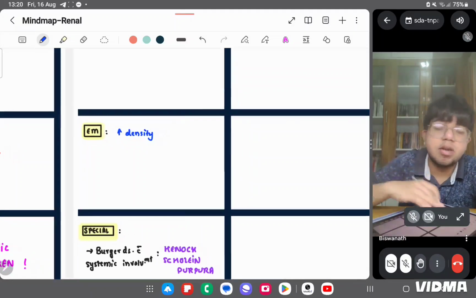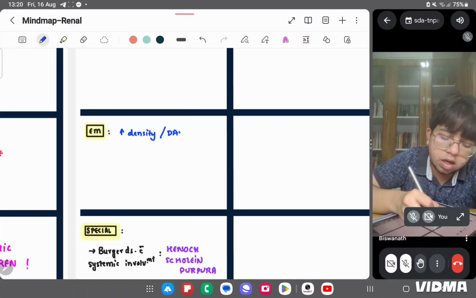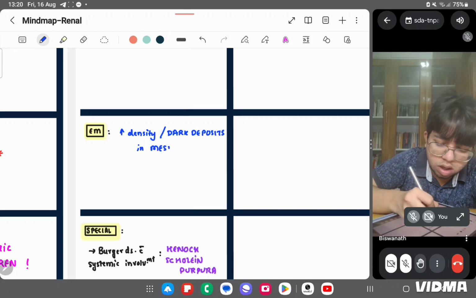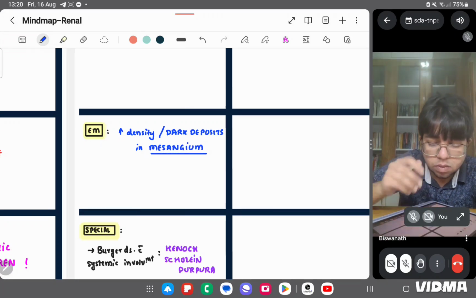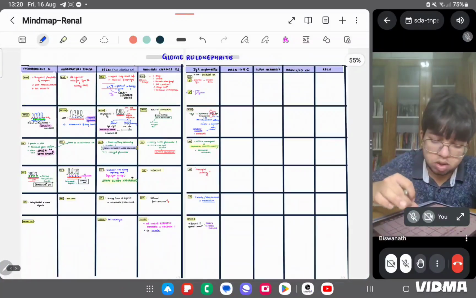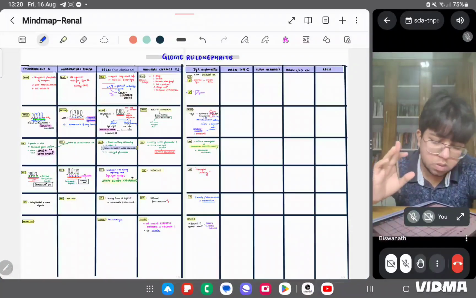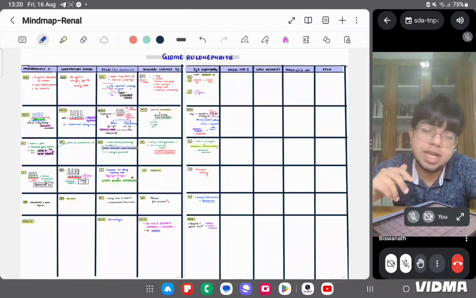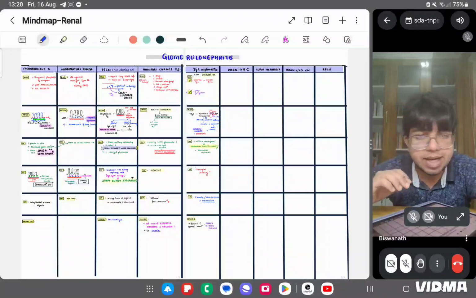Increased density you can write dark deposits in mesangium. Understood? Got it? So we finished your IgA nephropathy as well.